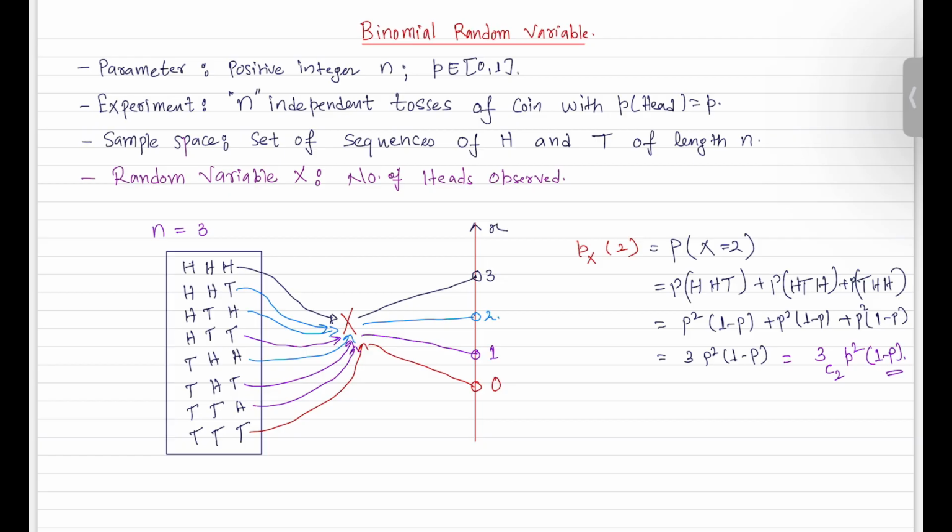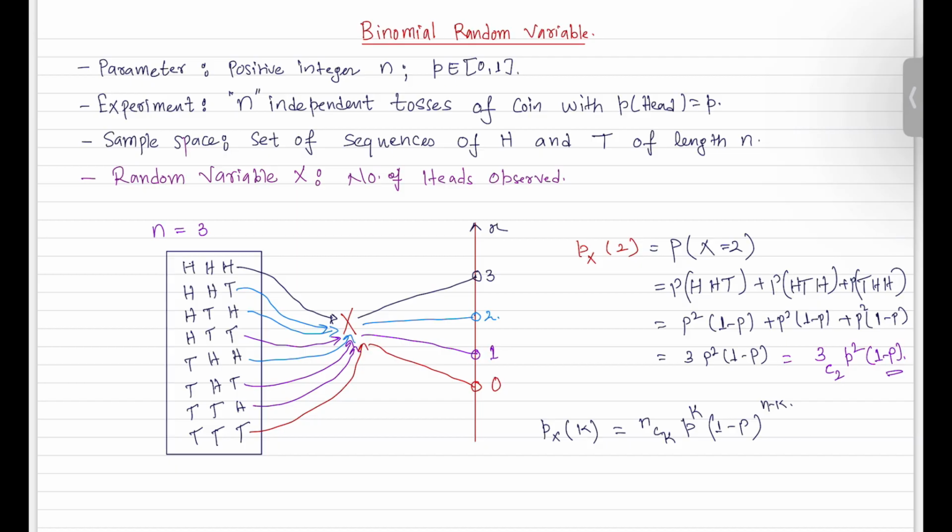So the general formula for this binomial probability, we have already seen in binomial probability, right? Let me write what will be the probability of getting k heads or k successes. That will be n choose k, times the probability of getting success k times, and since we have done n trials, we will have the probability that we get n minus k failures, right?